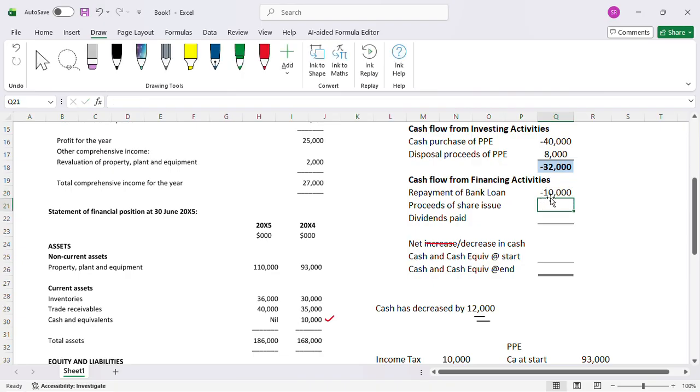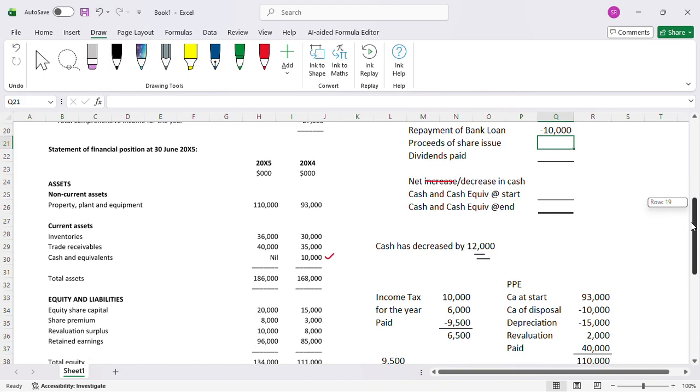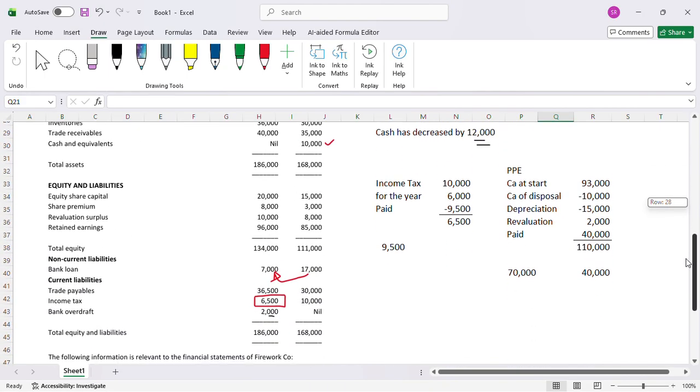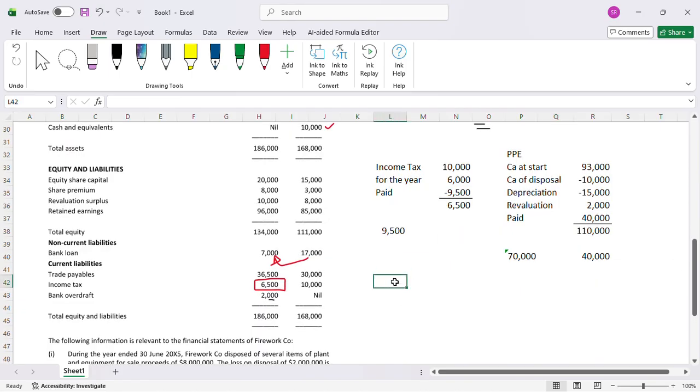What about issue of shares? Now, for issue of shares, we need to be a little bit careful. So let's do issue of shares here. Now, what we see is the share value has increased from 15,000 to 20,000. So you would say, all right, there has been a new issue. That's a positive of 5,000.